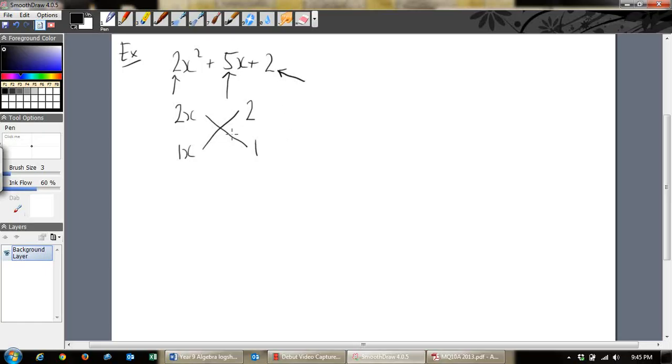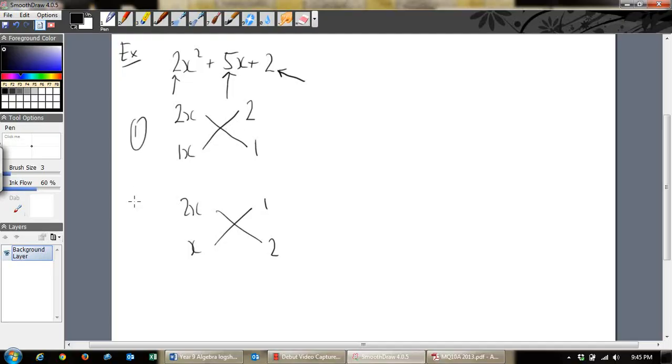Okay, that's what we're trying to do. So the only other combination that we can try is this combination and this combination down here. So those in the other opposite way around. Okay, so let's just have a look at which one works.